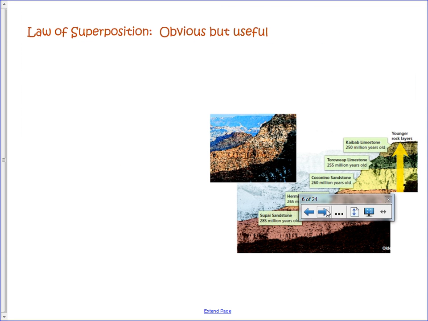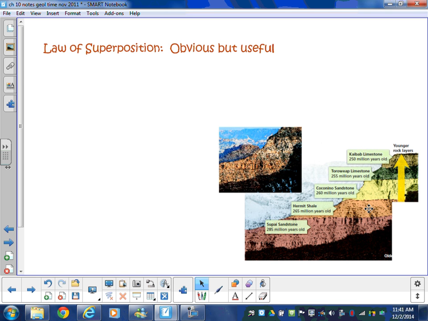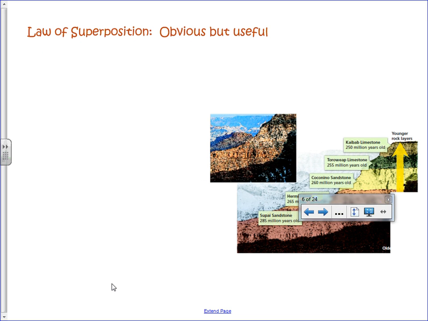All right, let's see what's next. The law of superposition. This is going to be like a couple weeks ago when we learned that other big annoying word, uniformitarianism.